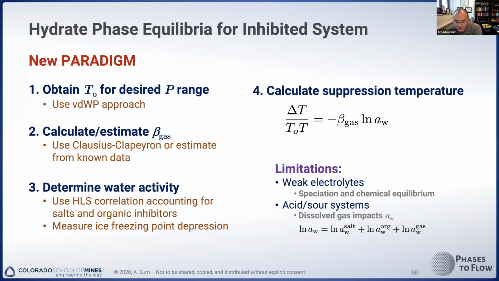Now, the limitations here are for weak electrolytes. We are working on that. And also for acid sour systems, because that also has a contribution to the water activity. And we're also working on that. Right?